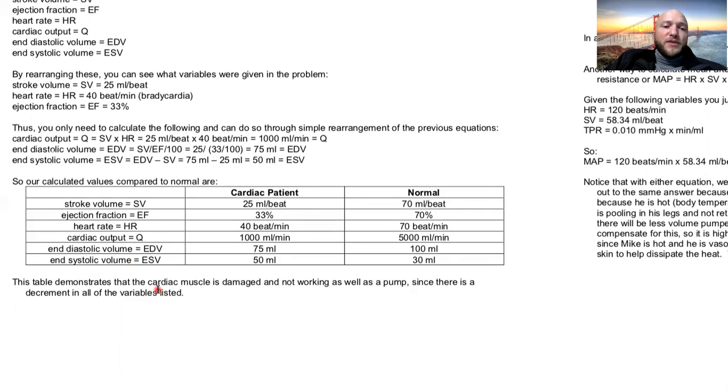This table demonstrates that the cardiac muscle is damaged and not working as well as a pump, since there's a decrease in all of these variables. So, a normal person has these variables. This person with a heart attack who had part of their heart damaged is not as efficient, not working as well.